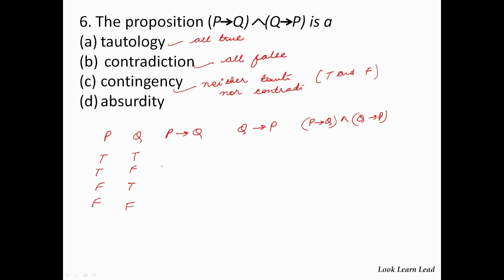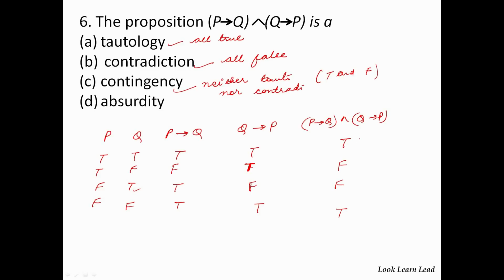Okay, first P implies Q. Here we would be having true. For both true it would be true, but for both false it would be true, and for right hand side true it would be true. So it is false for this one. Then between these, true is true, it is false, and it is true.